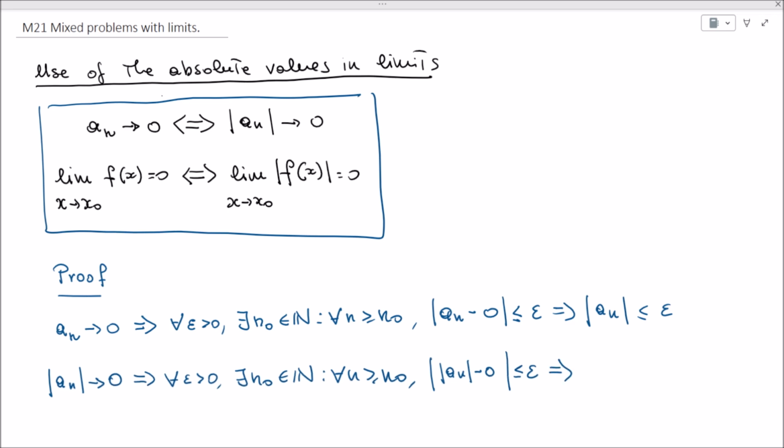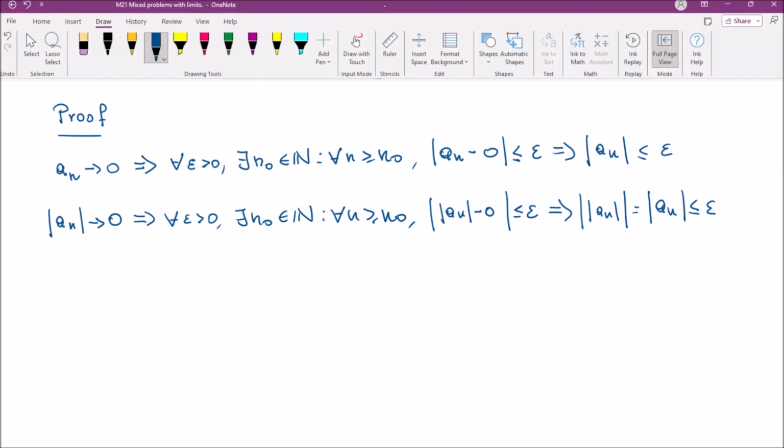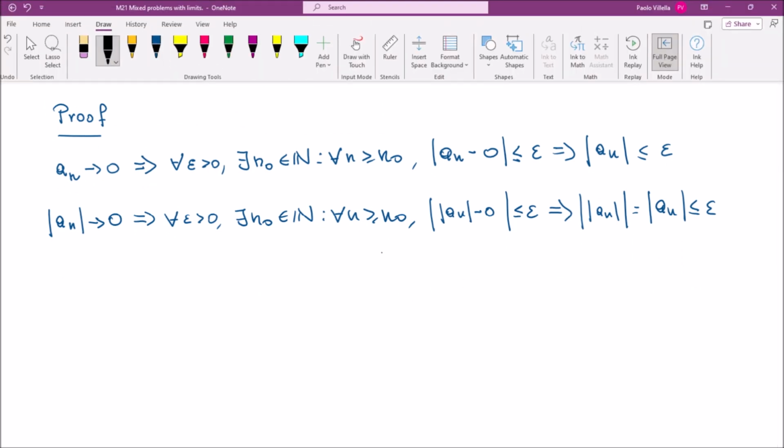But we clearly see that this is nothing else than the absolute value of the absolute value of an, which is nothing else than the absolute value of an less than or equal to epsilon. So this basically shows that the two statements are totally equivalent, and a similar proof can be given for the limit of a function.